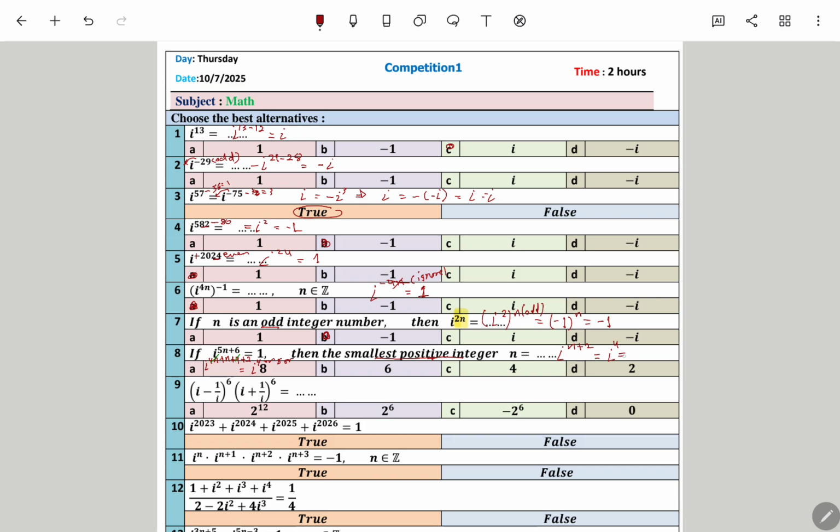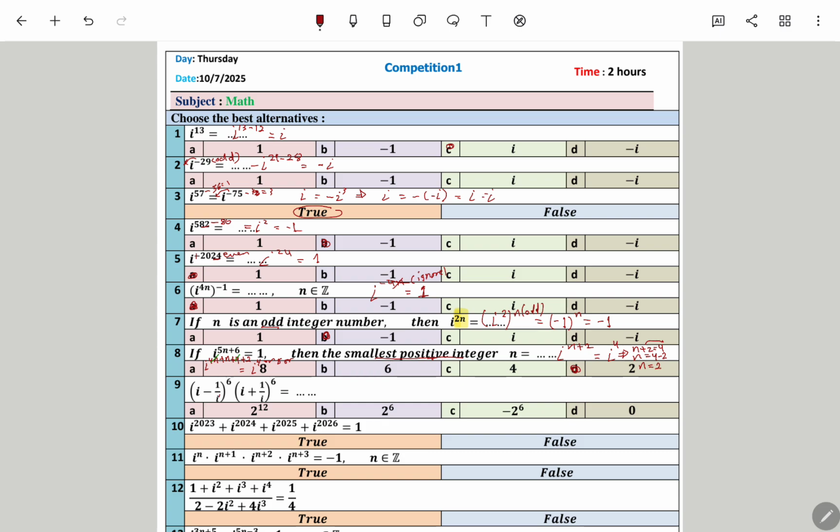I will focus on the powers to have n plus 2 equals 4. Move this to the other side. That will give you 4 minus 2, which is going to be 2. So the answer is going to be 2.